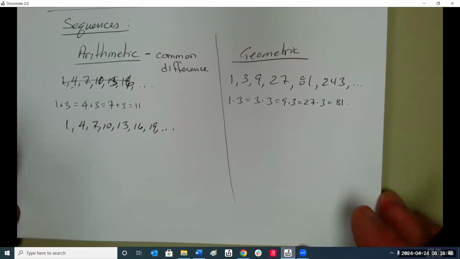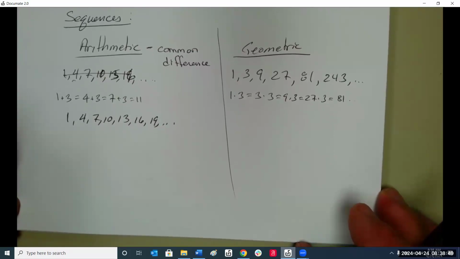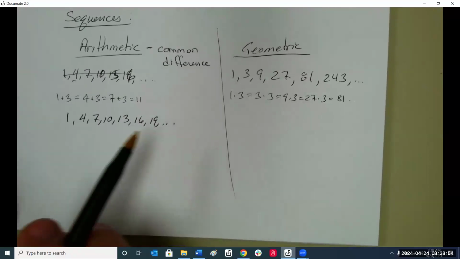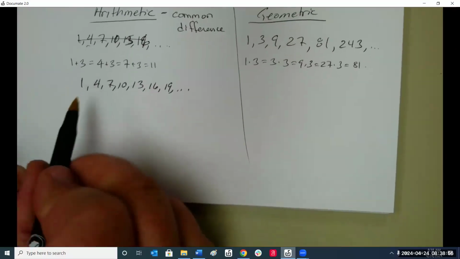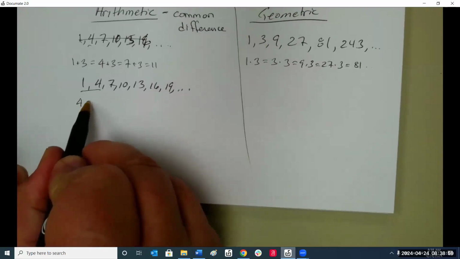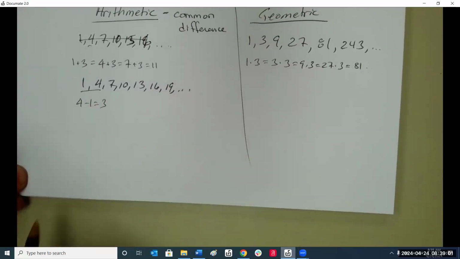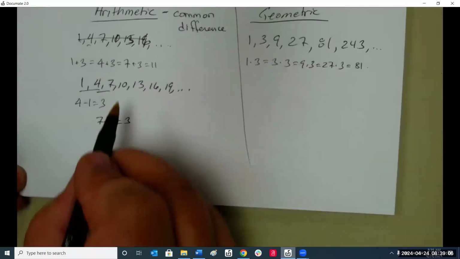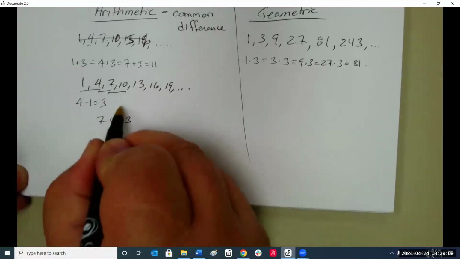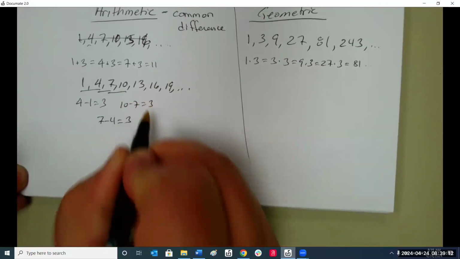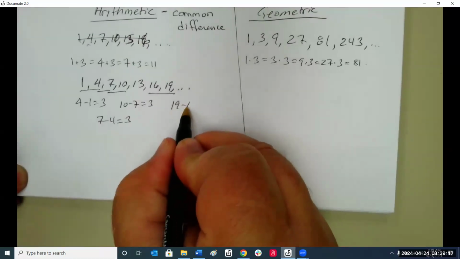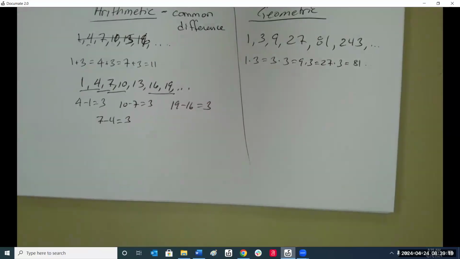Subtract. So the common difference means the difference between all of these pairs of numbers is the same. Between them, 4 minus 1 is 3. 7 minus 4 is 3. 10 minus 7 is 3. So any two consecutive numbers I pick, the difference between them will always be the same. That's a common difference.